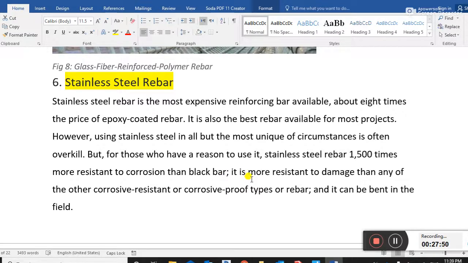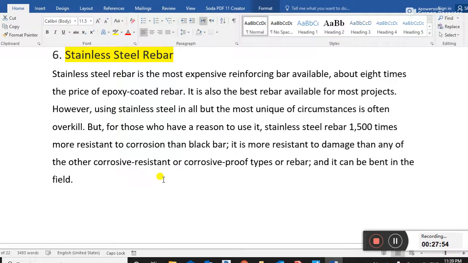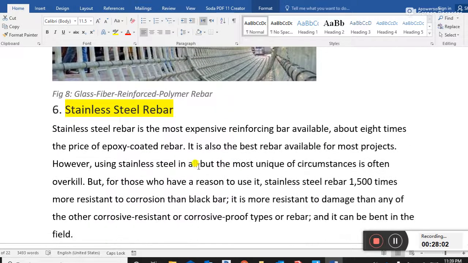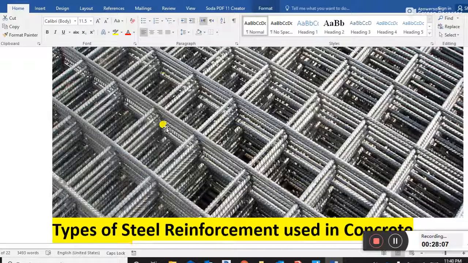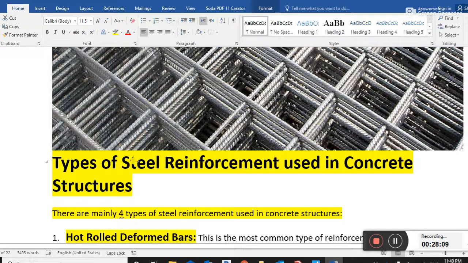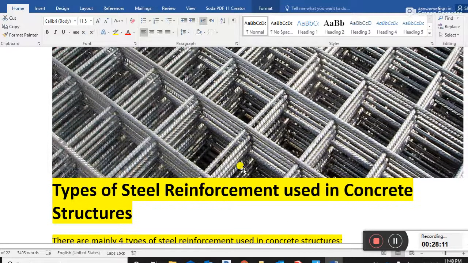It is more resistant to damage than any of the other corrosion resistant types of rebar, and it can be bent in the field. Stainless steel rebar. Guys, this is a type of steel reinforcement used in concrete structures.